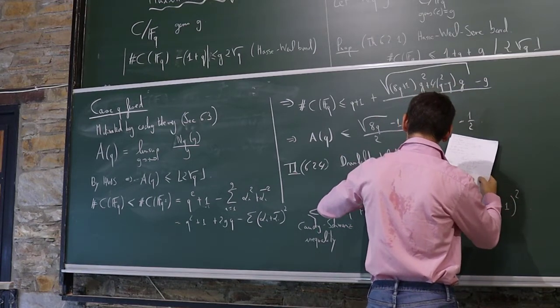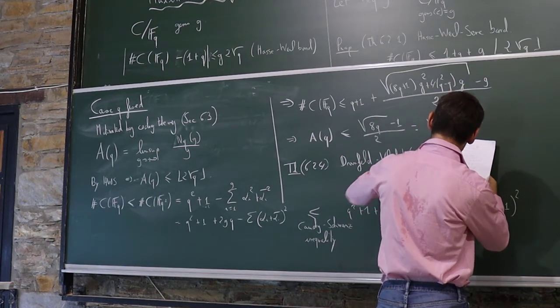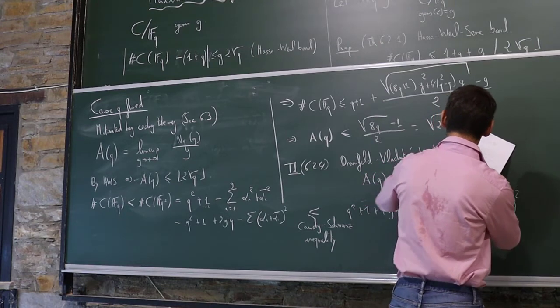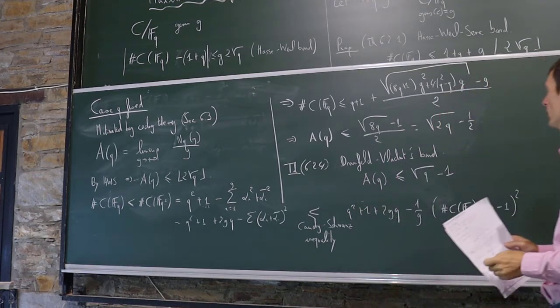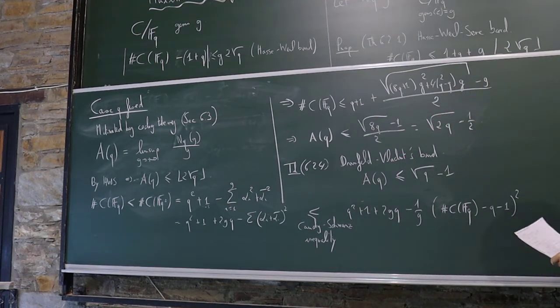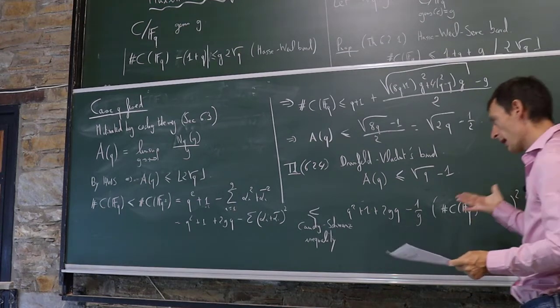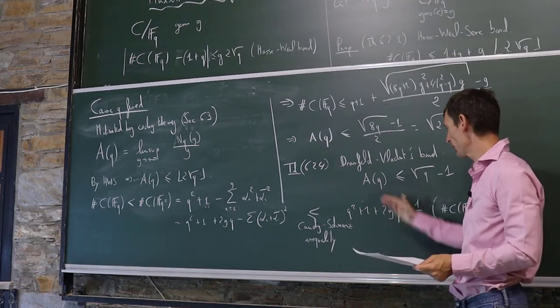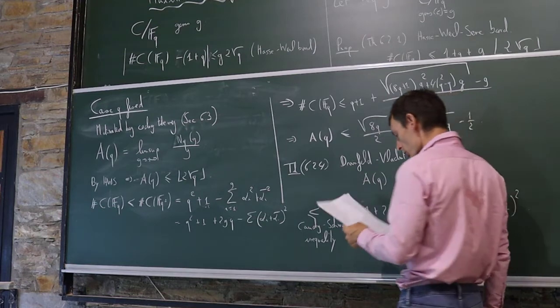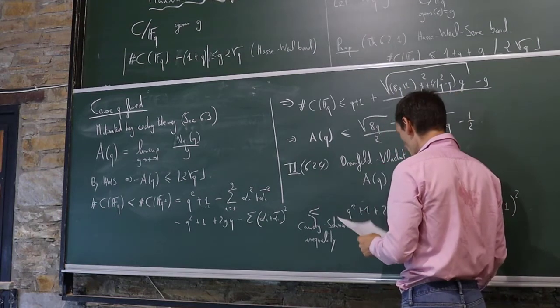You can go down to square root of q minus 1 for the upper bound on A(q). So you see that in this direction, the Weil-Serre bound is not the optimal bound; you have something which is much stronger.